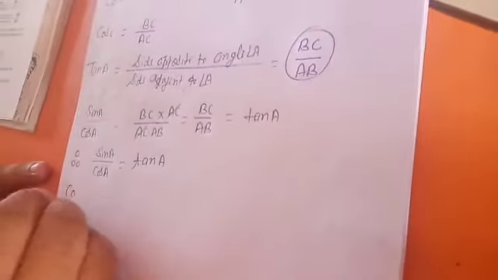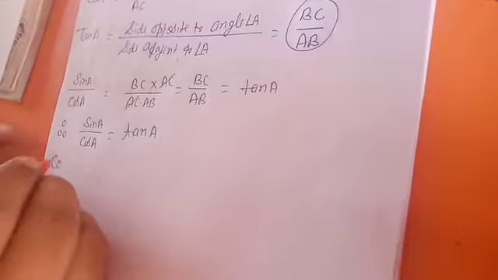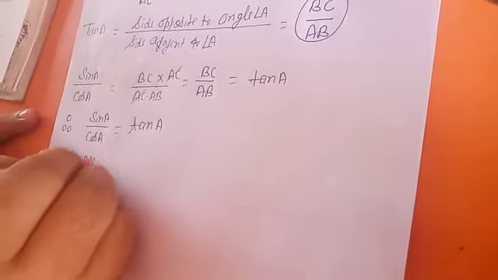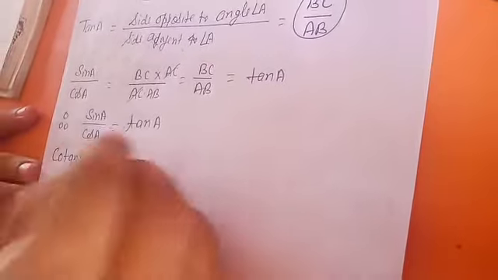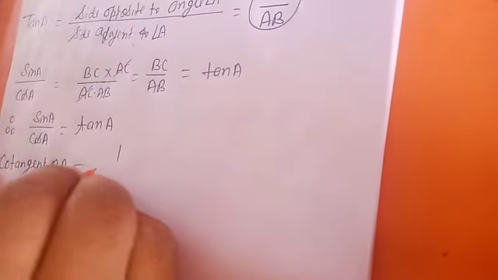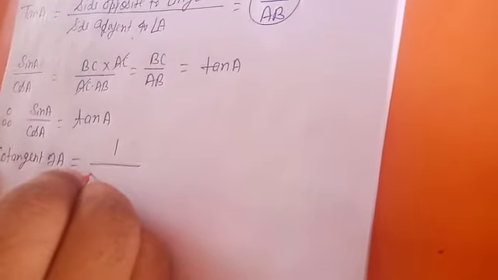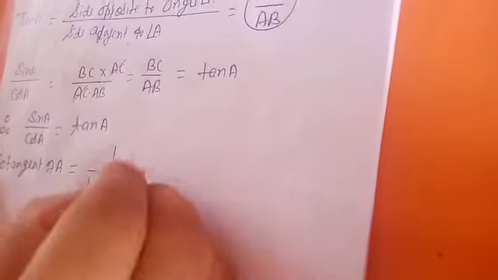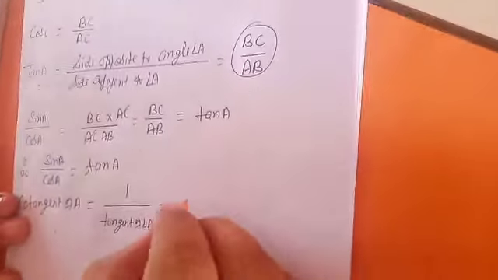Similarly, find out what cotangent of A is equal to. It is 1 by tangent of angle A. What's the tangent of angle A?